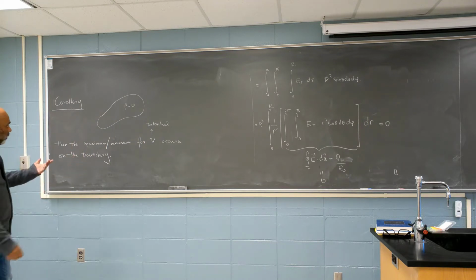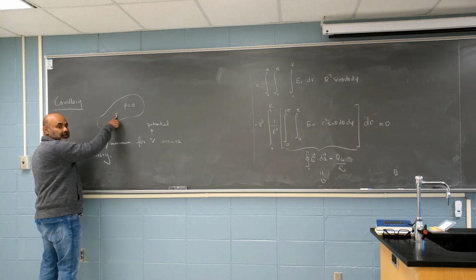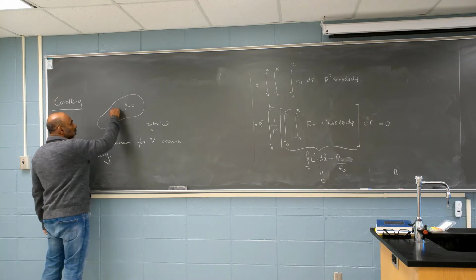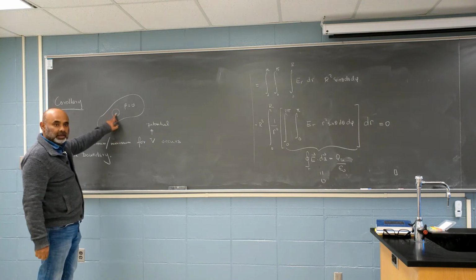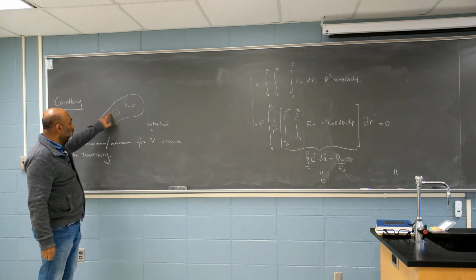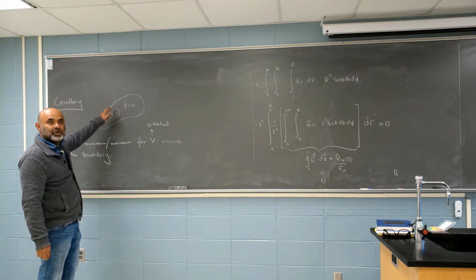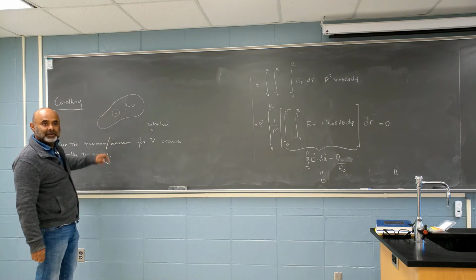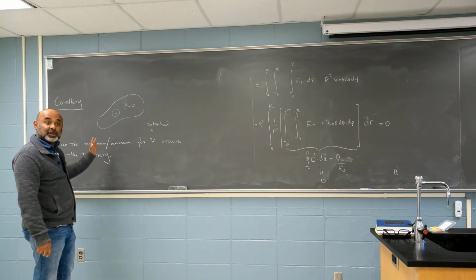Suppose not, and if this is the V maximum, then you consider a sphere. The average must be equal to this. That means somewhere over here, there's another maximum. So it's not a maximum really, right? Unless it's constant.